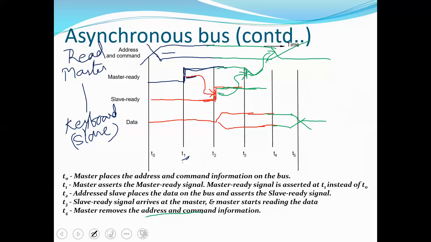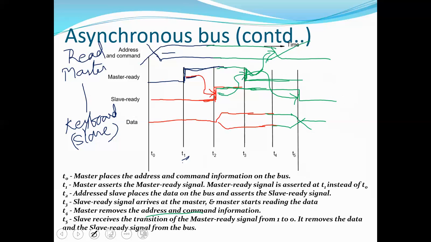Seeing the master come down, because the slave has set, the slave signal also comes down, because the particular operation is completed.